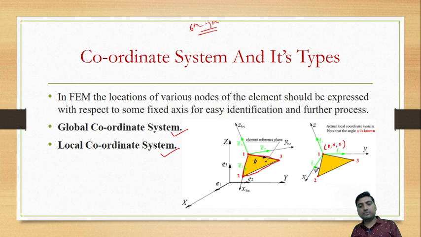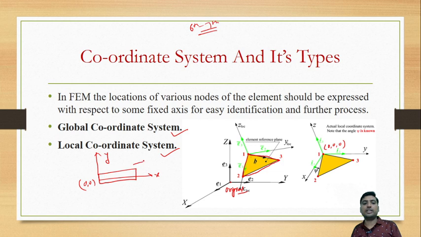Or if the origin point lies outside the element, then it is called a global coordinate system. Suppose we have this bar element, and this is the y-axis and this is the x-axis, then obviously this is your 0, 0.